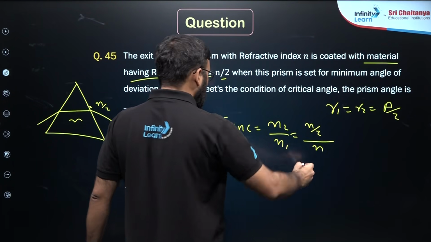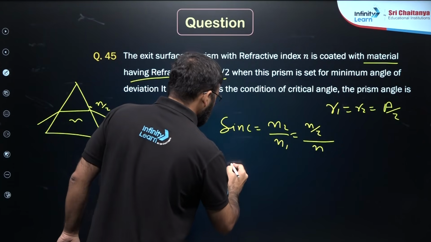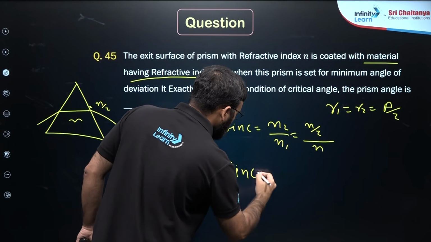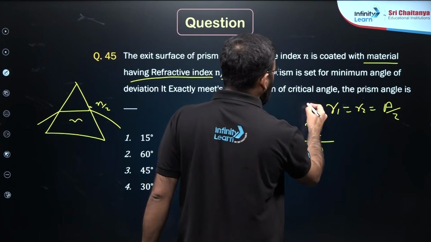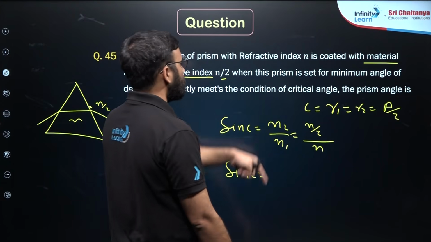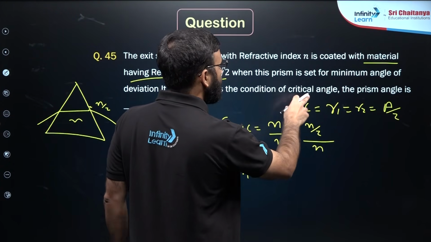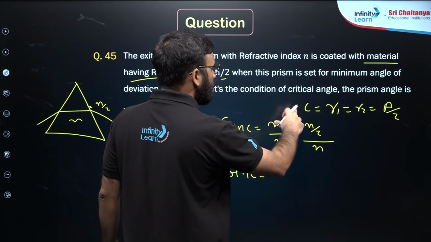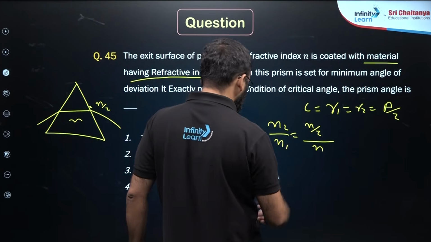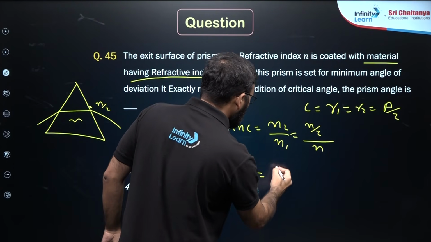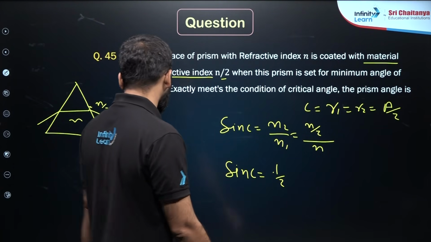So here sin c equals 1/2, because at the critical angle condition all three, the prism angle r, r1 and r2, are equal, and that is my 30 degree.